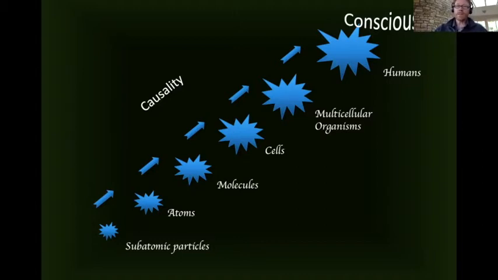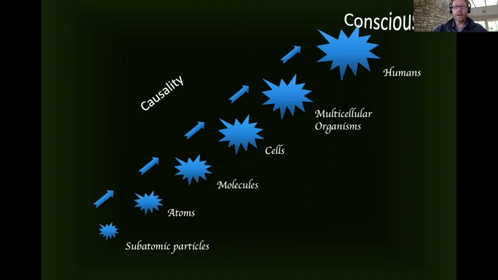But the new thing that arises has very different properties than the entities that went together to make it. So between molecules and cells, obviously cells have very different properties than molecules.